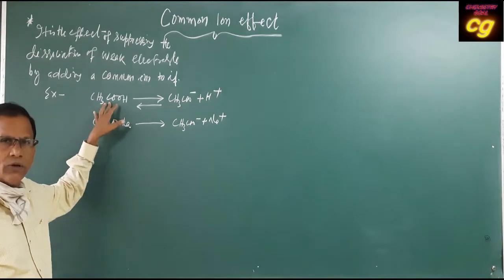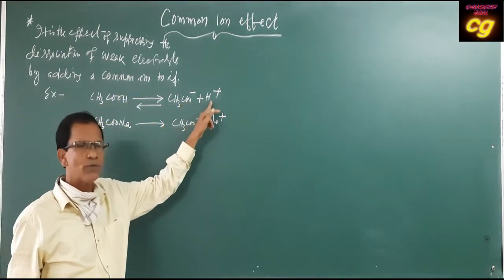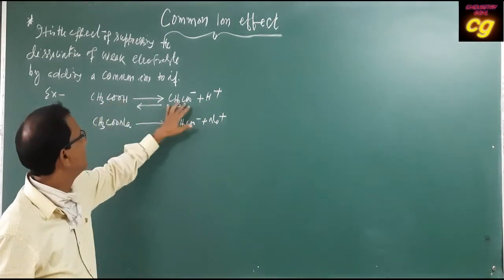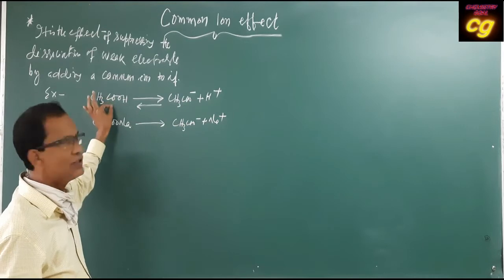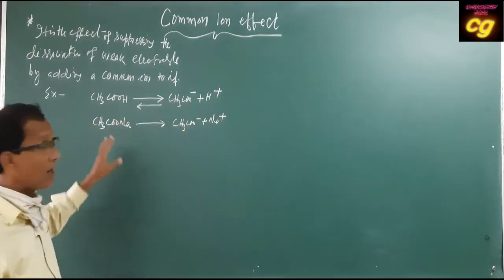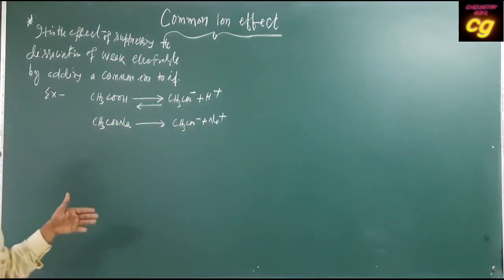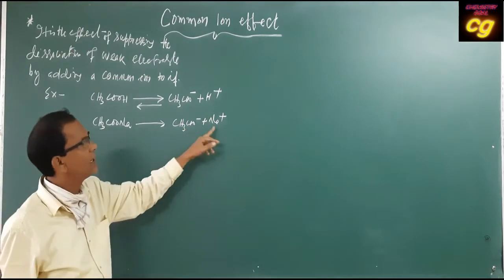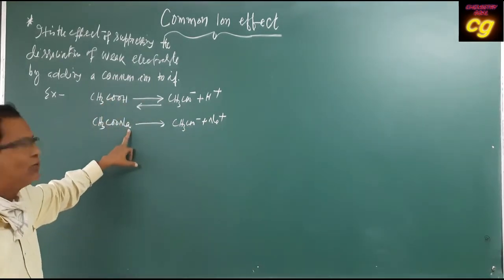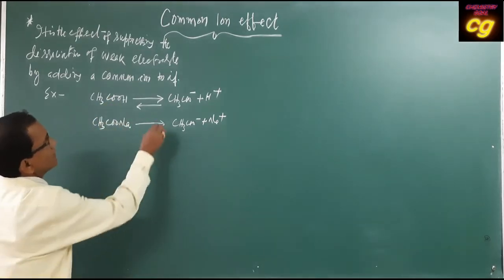Acetic acid is a weak electrolyte, it dissociates, produces acetate ion and H+ ion, but it maintains equilibrium with the undissociated acetic acid and its ions. Sodium acetate is highly dissociated and does not maintain equilibrium, but the first one maintains equilibrium. So you see the difference.